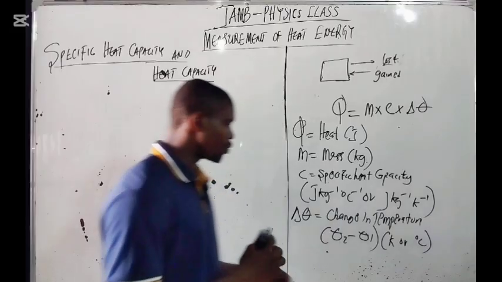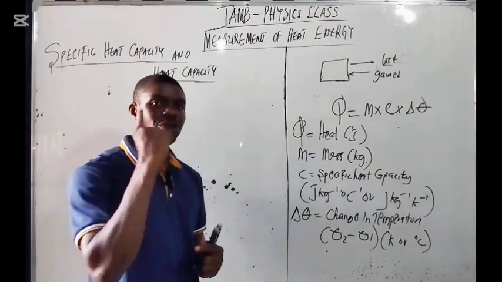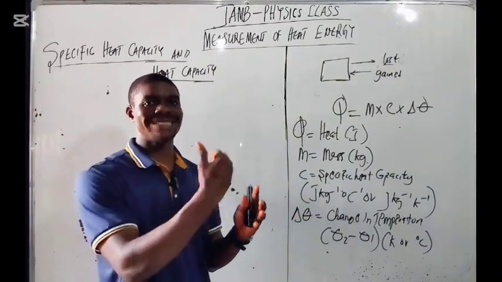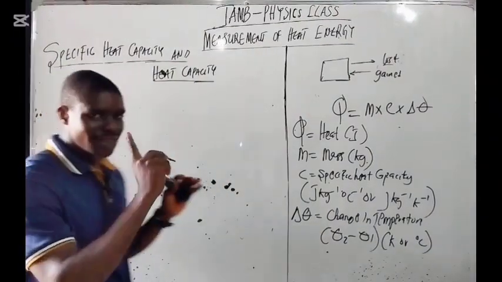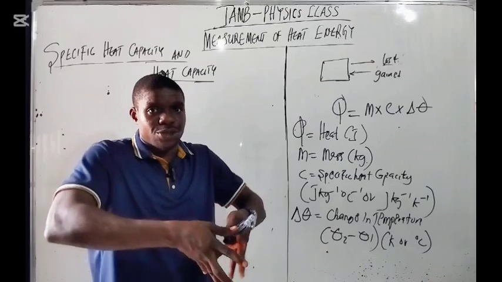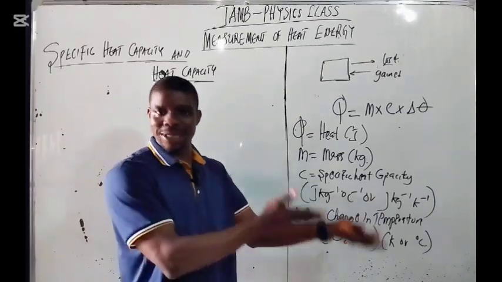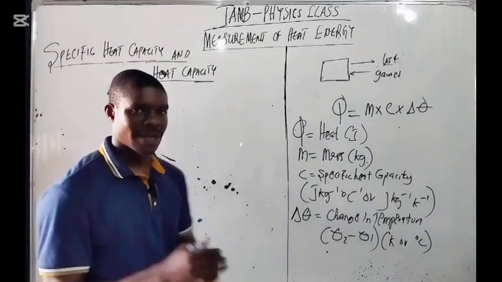The quantity of heat required to raise the temperature of 1 unit mass of an object by either 1 kelvin or 1 degree centigrade is called specific heat capacity.